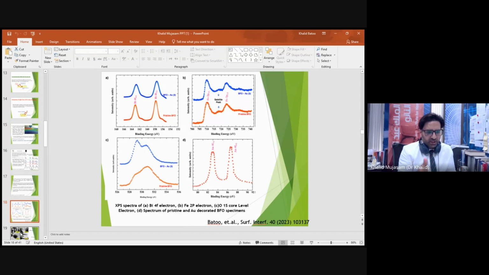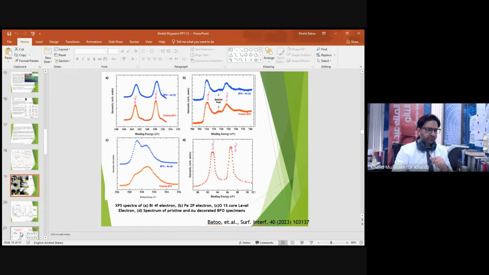Is gold present? And that's very much there, by visualizing the two different peaks. But as you compare the pristine sample and the gold-decorated sample, you can see the emergence of two different peaks and broader sizes in the graphs noted as C.